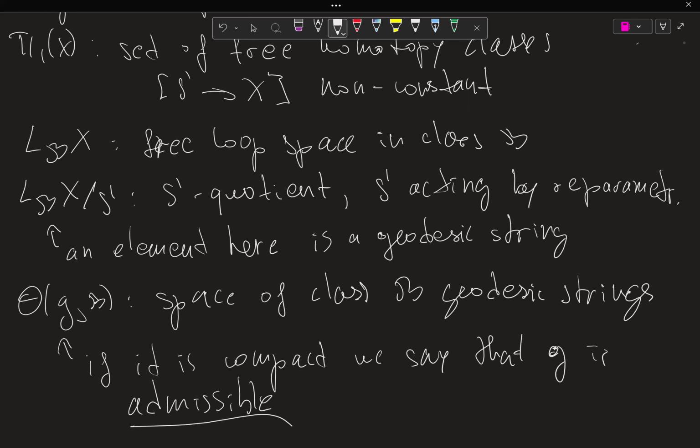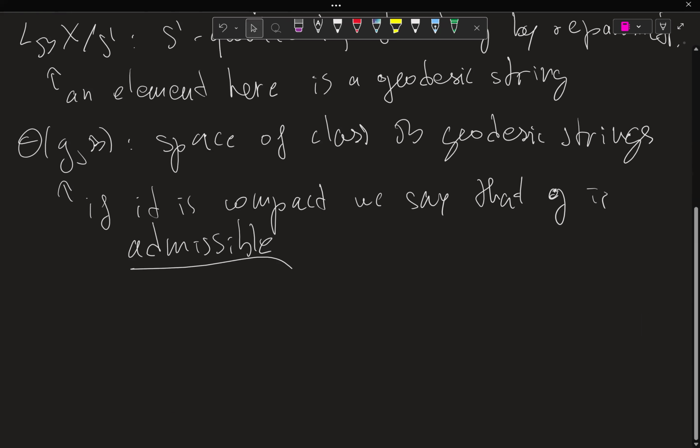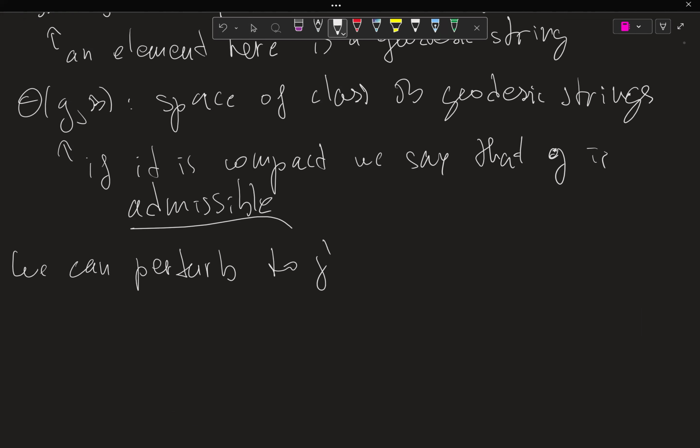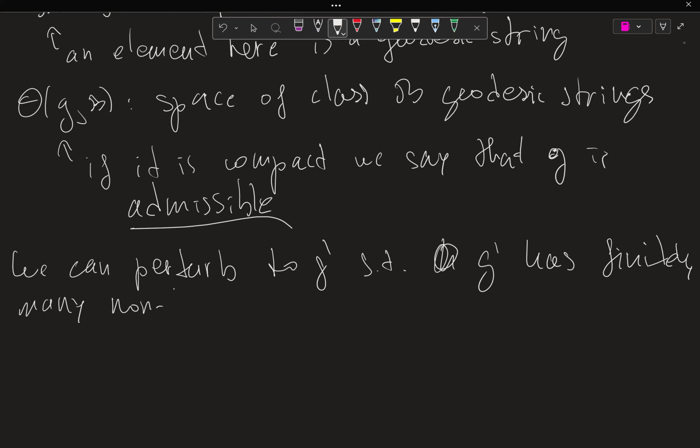When it is admissible, we can perturb to a metric G′ so that G′ has finitely many non-degenerate geodesic strings in class β.